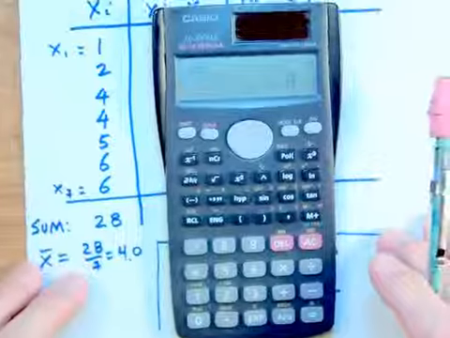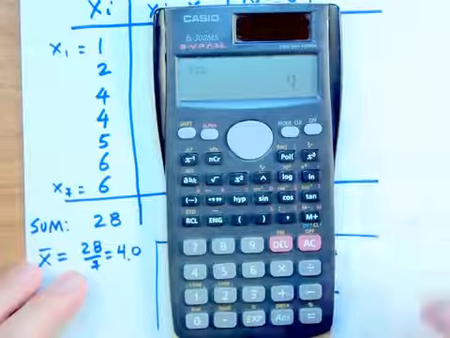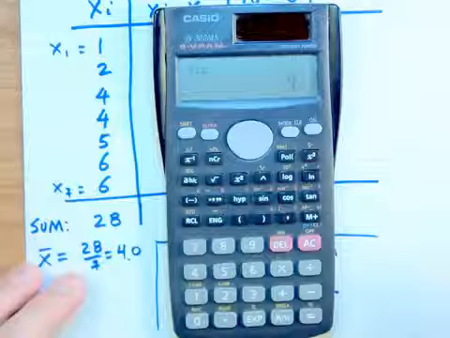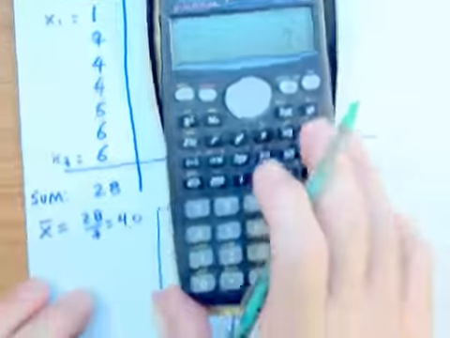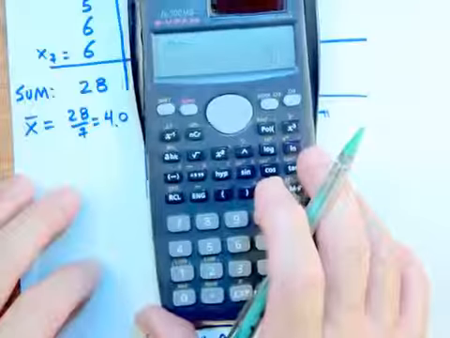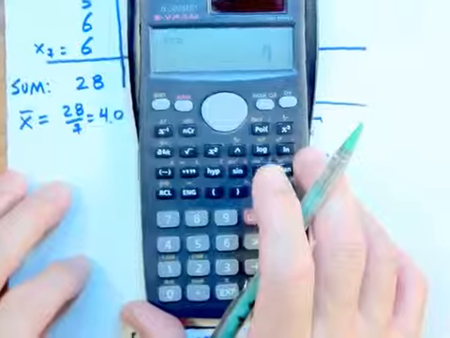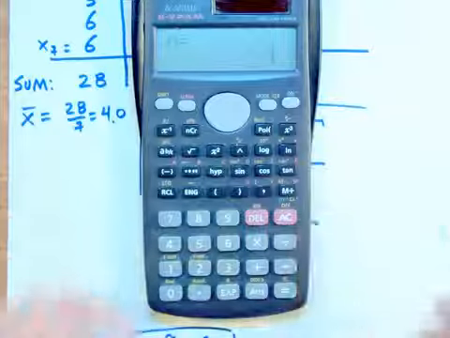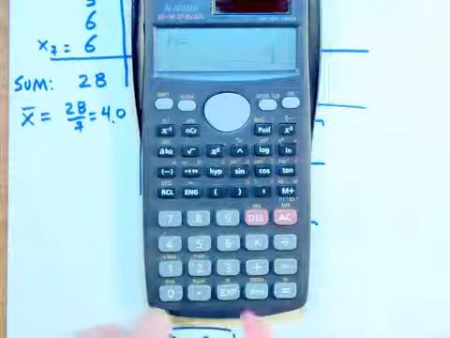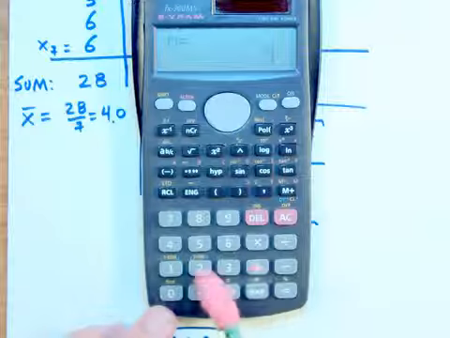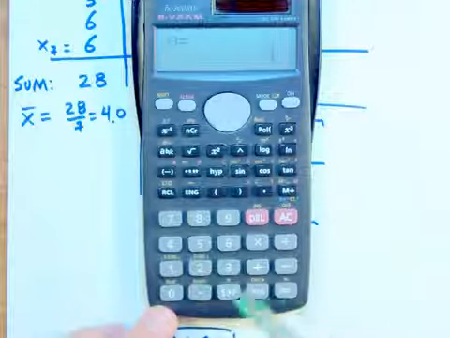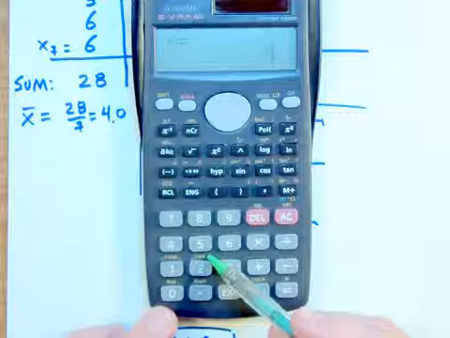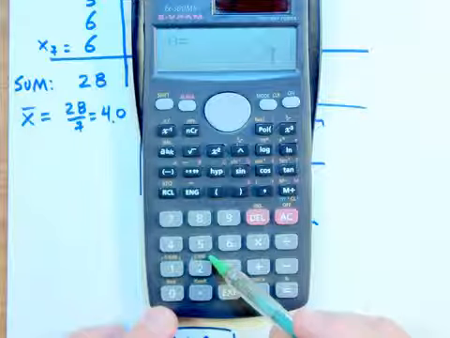Now we have to specify the calculator to compute the sample mean and sample standard deviation. So we want to find our sample mean, which should be 4.0. To get all the statistics variables, you see this right here, the second function of 2, that's S-VAR, which means statistics variable.